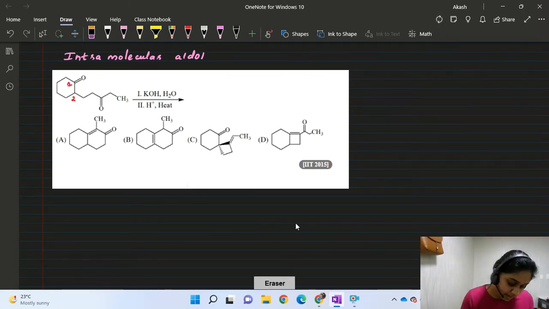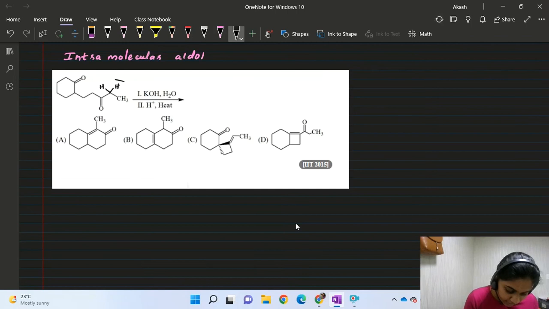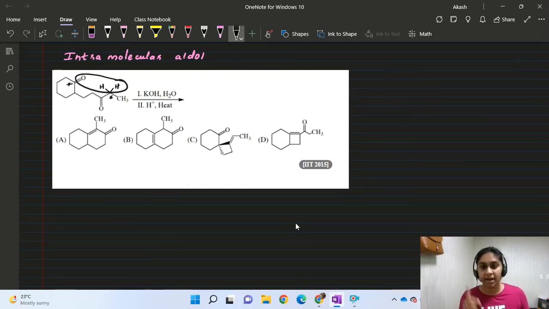Okay, and another possibility is this hydrogen can be removed as water, so that you will get a bond over here and here. That carbon and this carbon which I marked with an asterisk, you will get a bond, right?